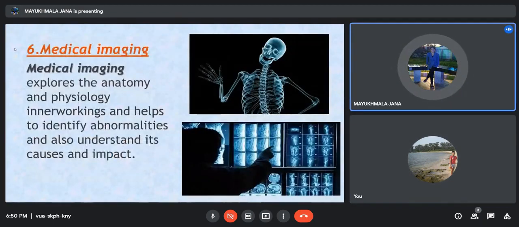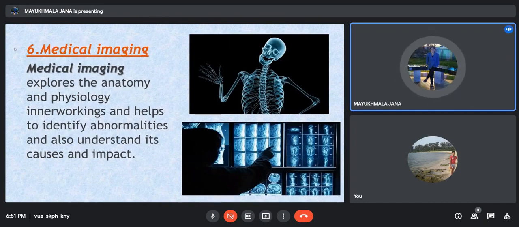Medical imaging is the technique and process of imaging the interior of a body for clinical analysis and medical intervention, which is also an important area where computer vision is used.